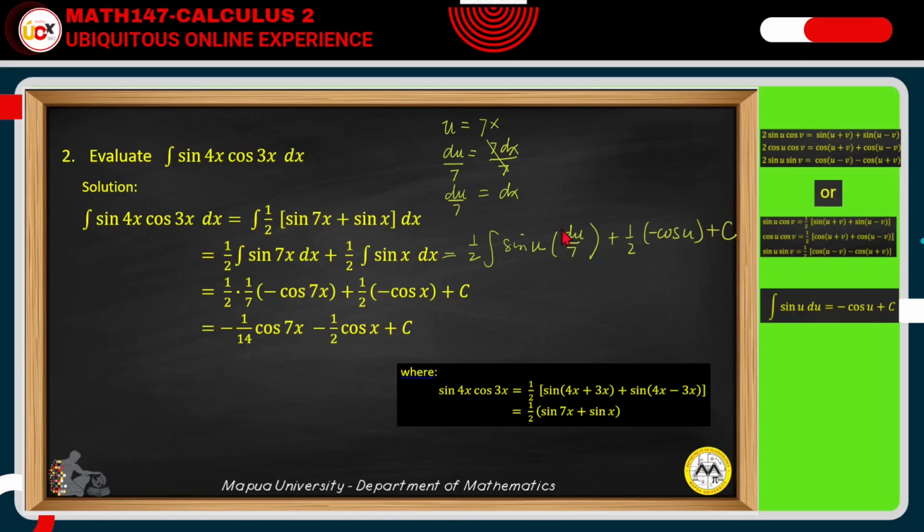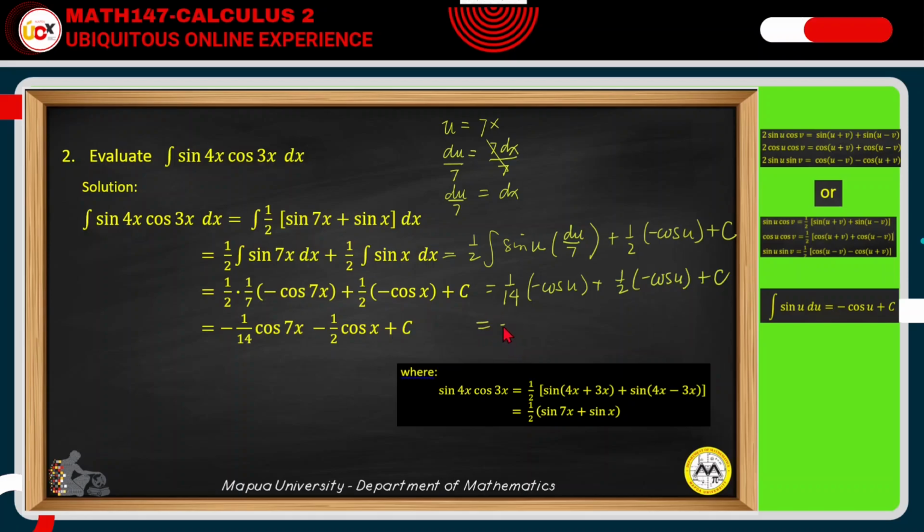Same here, because this is constant, you factor out 1 over 7, multiply it by 1/2, so you get 1 over 14, times sine u du, wherein the integral of sine u du is negative cosine u, plus 1/2 times negative cosine x plus the constant c.